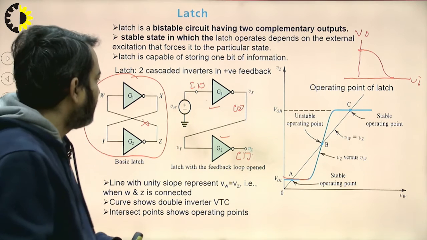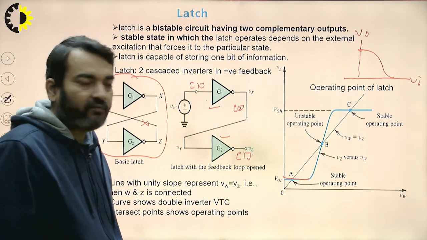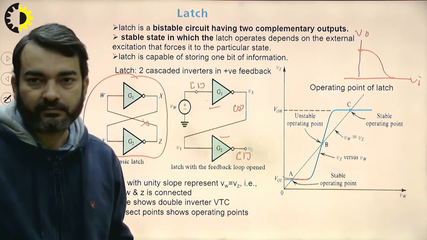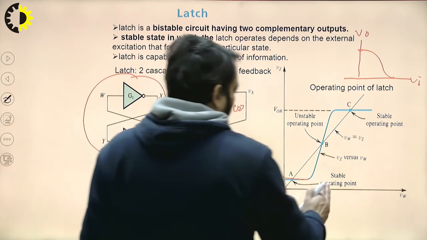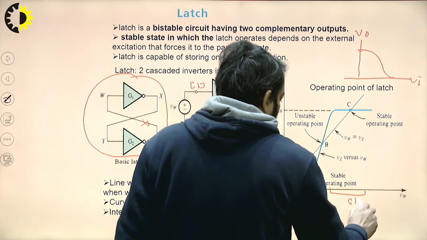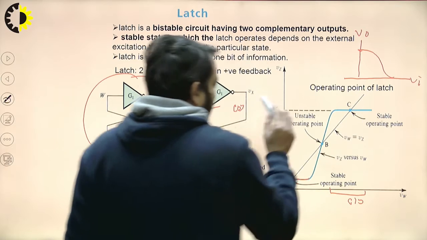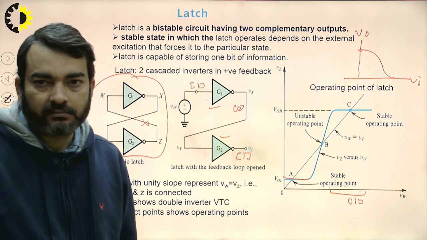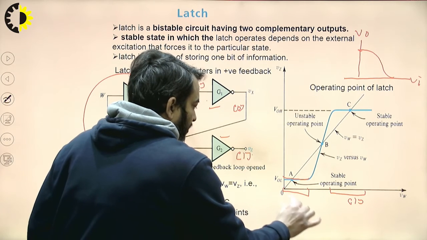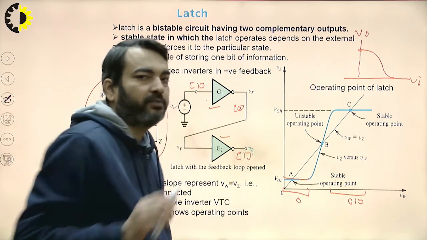When our input is logic 1, we should get logic 1 at the output. We can see that for logic 1 voltages, we are getting logic 1 output. Similarly, for logic 0 voltage, we will get logic 0 output.